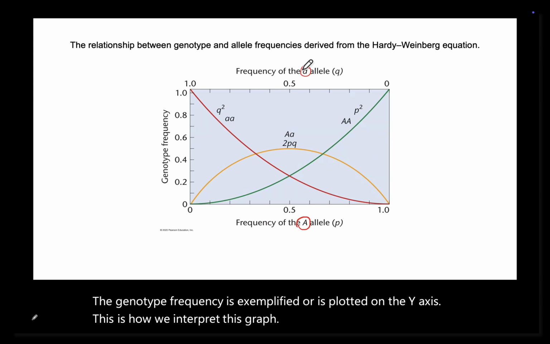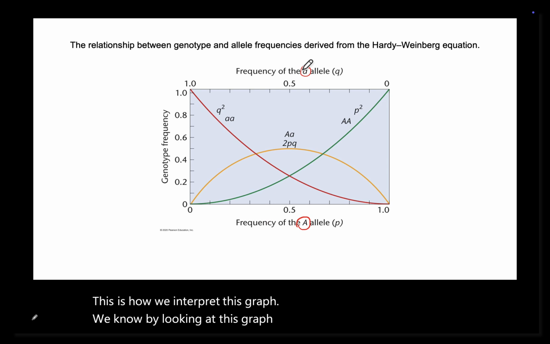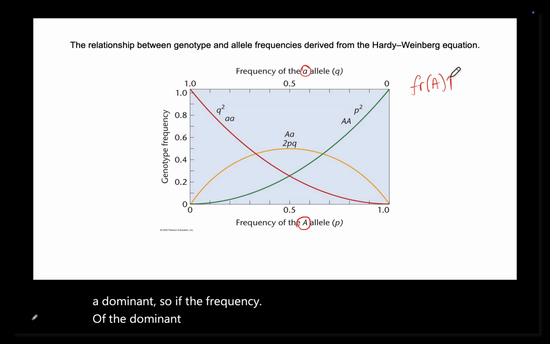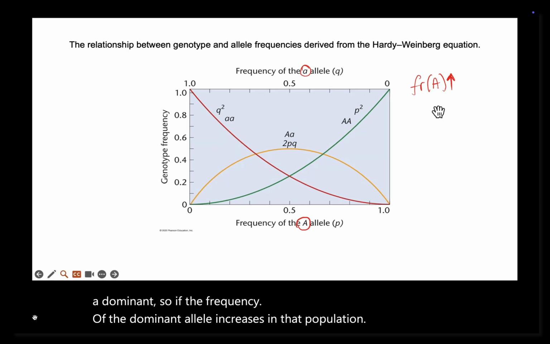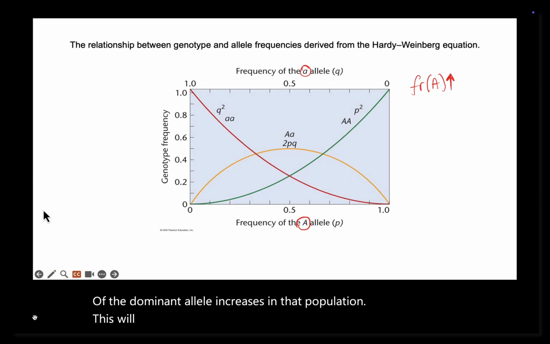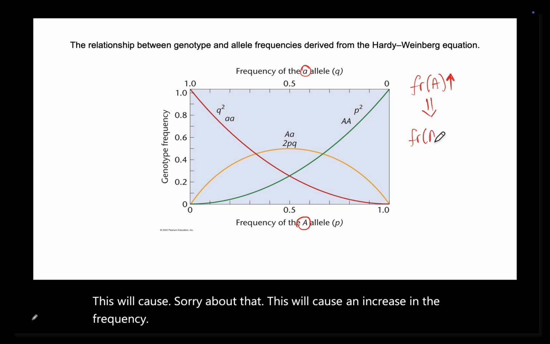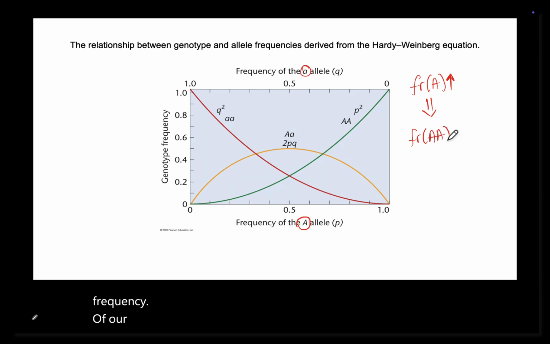We know by looking at this graph that if the frequency of the dominant allele A increases in that population, this will cause an increase in the frequency of our homozygous dominant genotype.